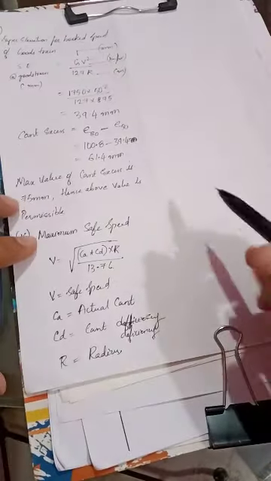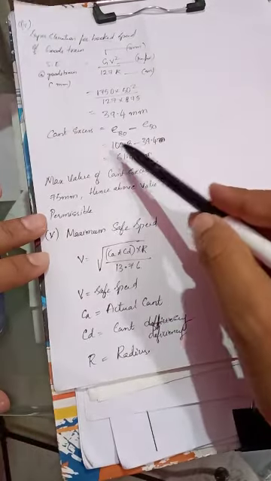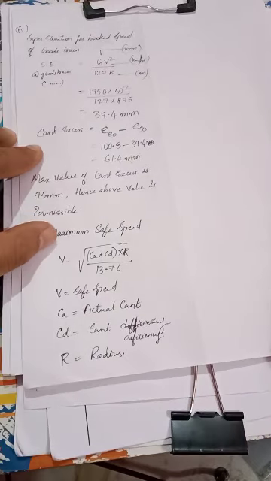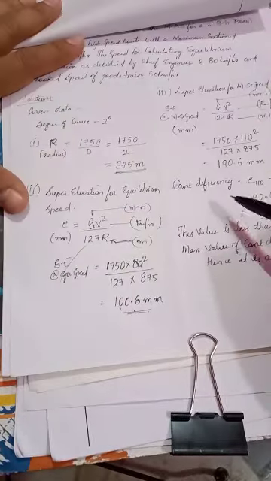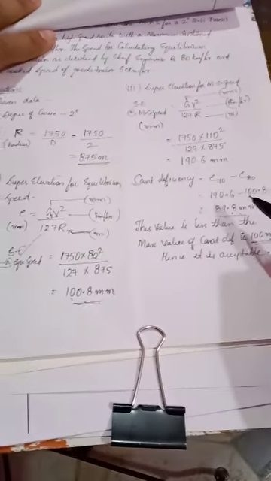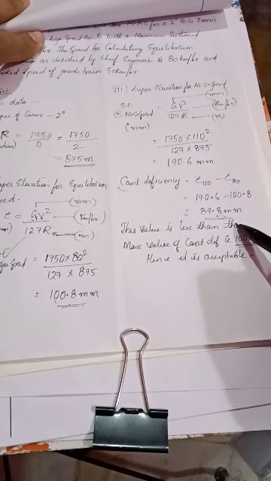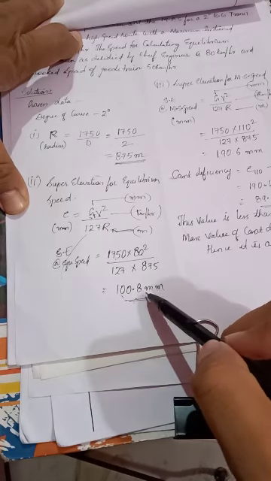Now what all we need to substitute? CA is nothing but actual Cant. See, when Cant excess is under permissible limit and Cant deficiency is also under permissible limit, then actual Cant is nothing but equilibrium Cant, equilibrium super elevation.